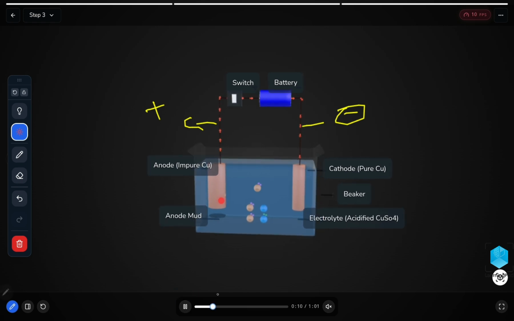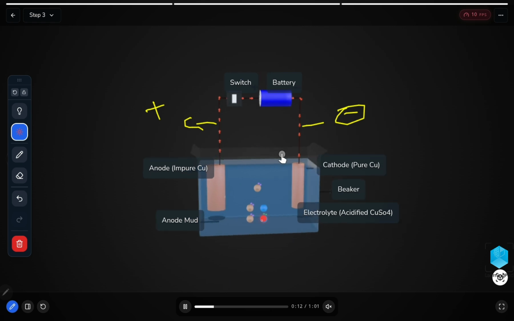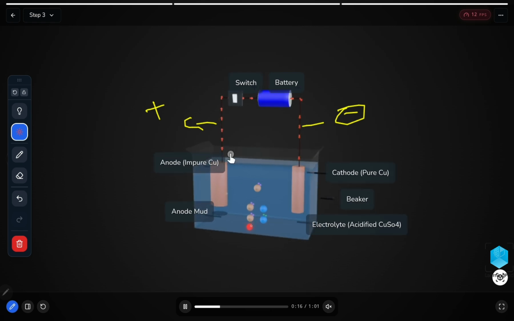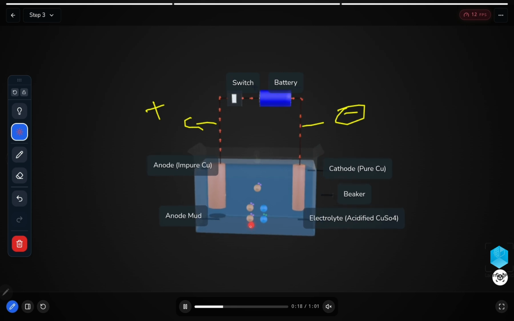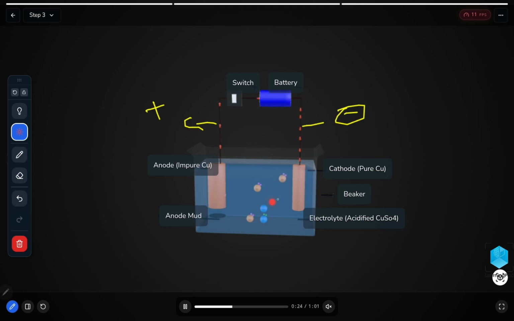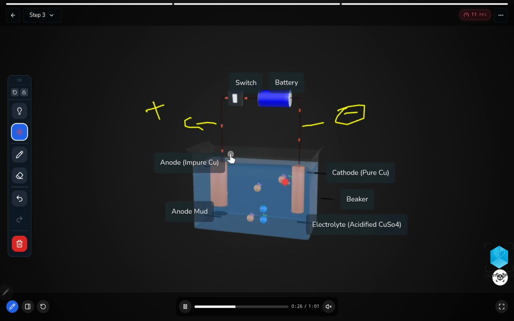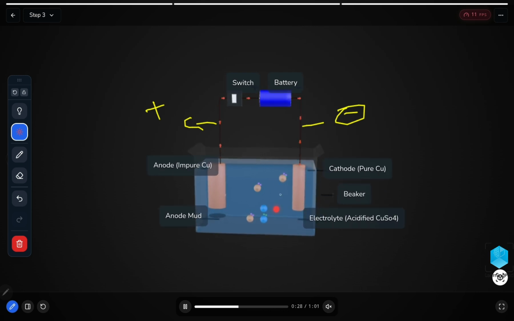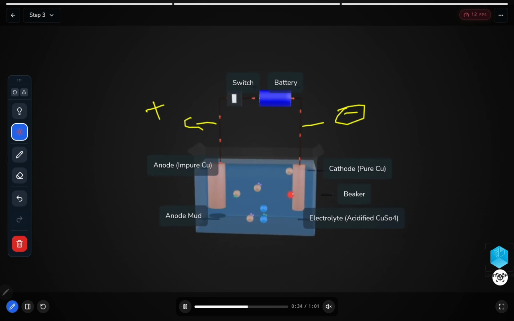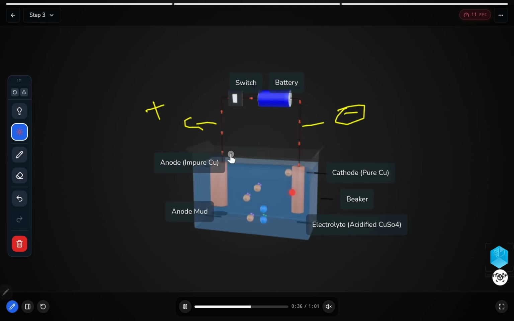You can see slowly the blue color and the light brown color molecules are there. When electricity is passed, these molecules start moving. When the impurity gets detached, you can see the dot structure. The impurities fall into the container, and the pure metal gets attached on the cathode.